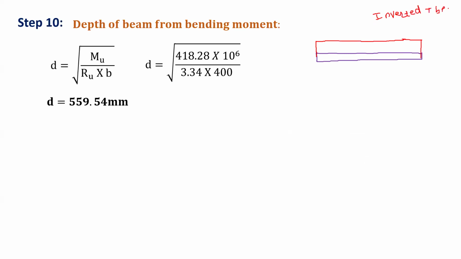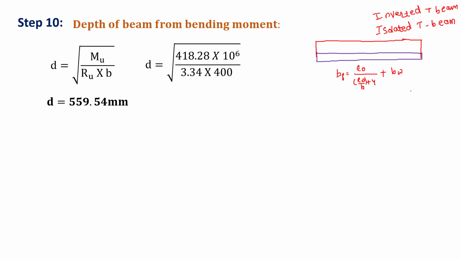Now as we have a single beam, this is an isolated T-beam. And then for this we have BF equal to L naught by 4 plus BW, and from this we get the width of flange.